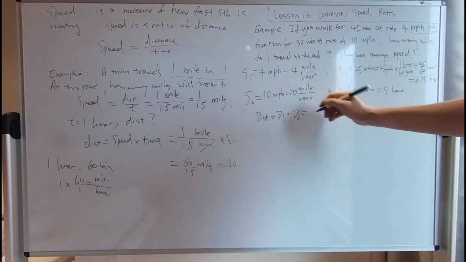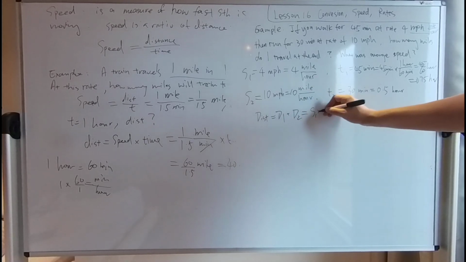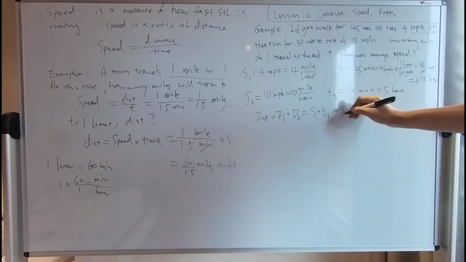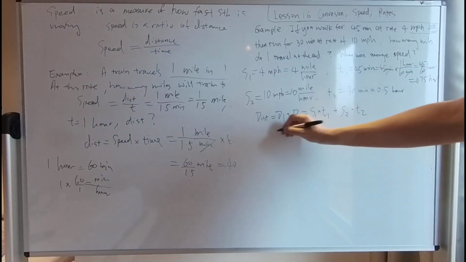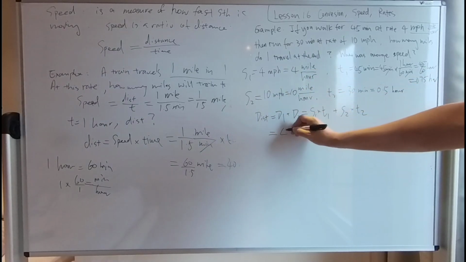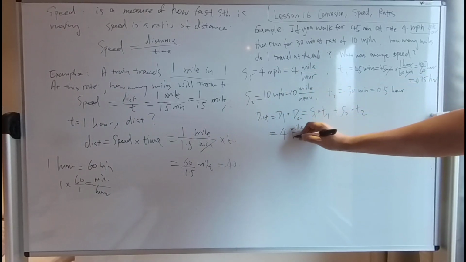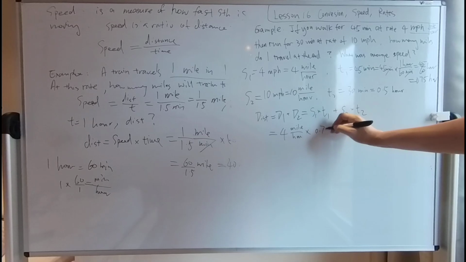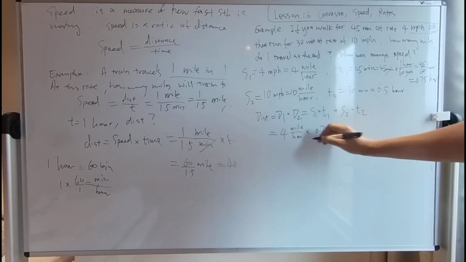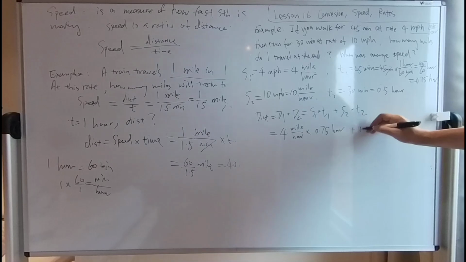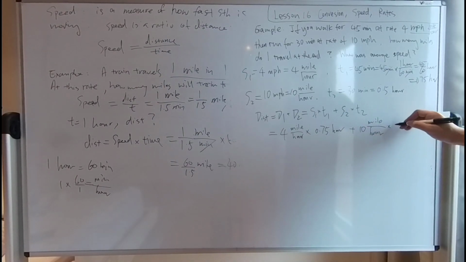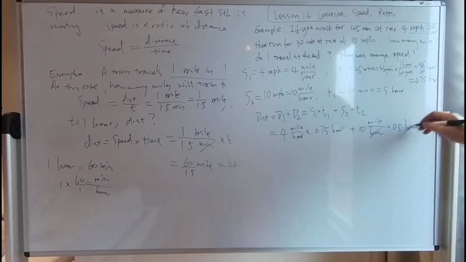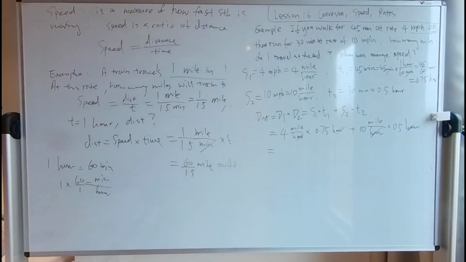My first distance is the speed in the first segment multiplied by the time in the first segment, plus the speed and time in the second segment, right? So the first is the speed of 4 miles per hour times 0.75 hours, then 10 miles per hour times 0.5 hour, and the hours can be cancelled out. All that's left are miles.